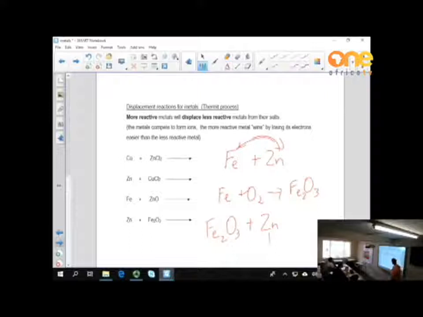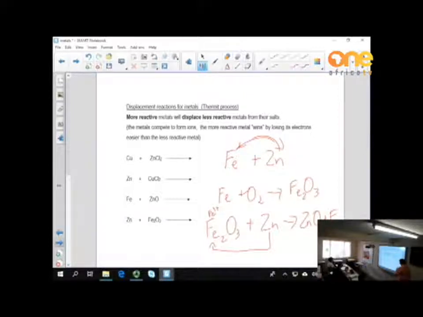Why don't they rust? Because the zinc competes with the iron ions. This is iron 3+. They fight with each other. The iron wants to get electrons. The zinc is more reactive than the iron, so we get zinc oxide plus iron.